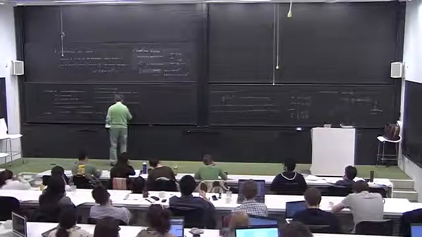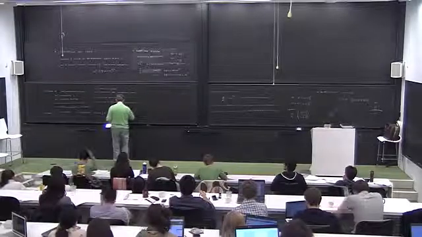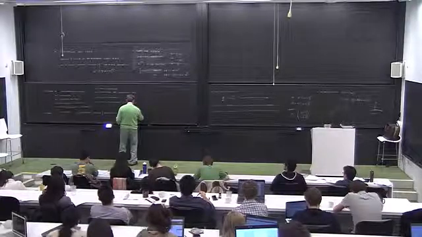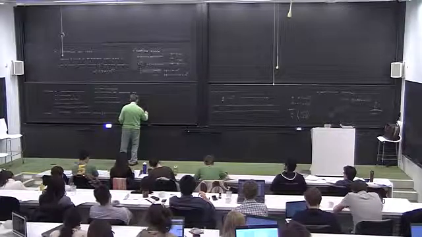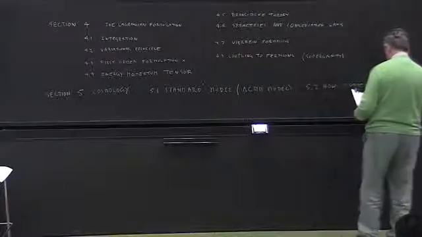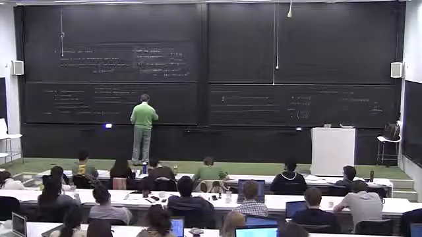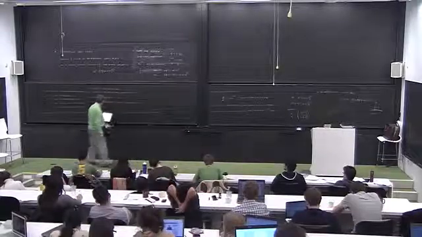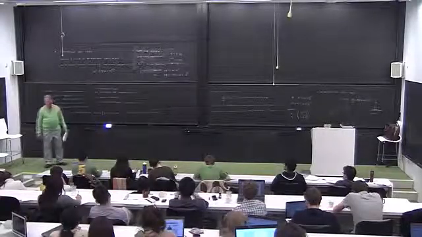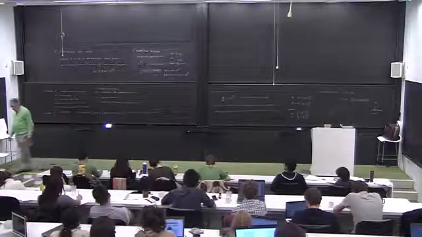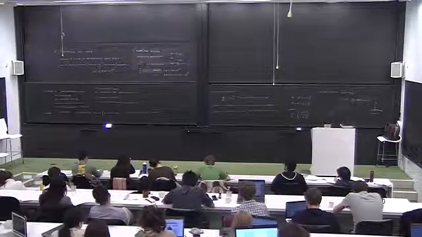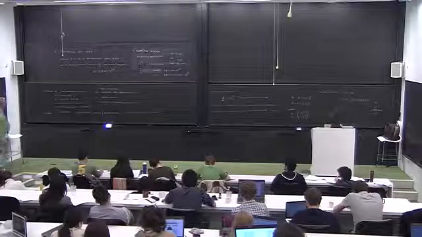So that's 5.1. 5.2 is how does general relativity enter. This depends on a combination of astrophysics observation, astrophysics theory, and general relativity combined.